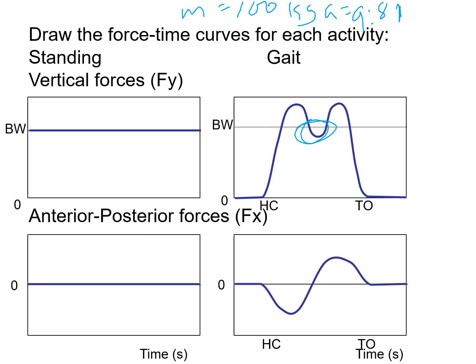So once again, if our heel contacts the ground like this, the ground is going to push backwards on us. So we're going to see negative here. But then we're doing our toe off. So then our foot is applying force to the ground like this, so the ground is going to push back like this. So we're going to see positive right here.